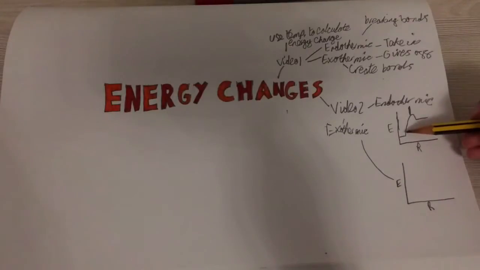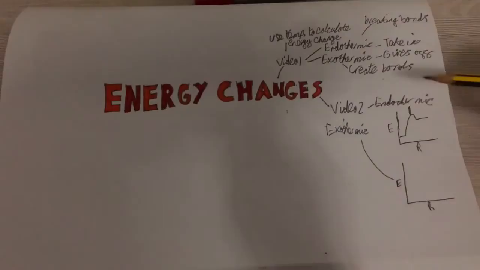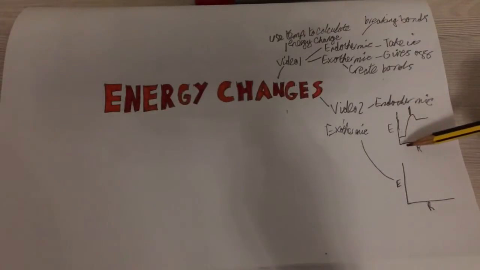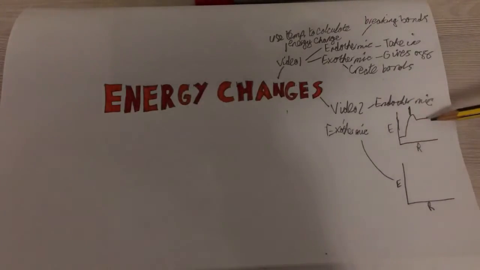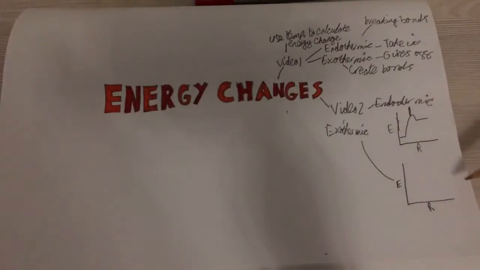Now, we have a slight rise up here that comes back down. The reason for this is something called activation energy. Activation energy is the energy needed to start the reaction.